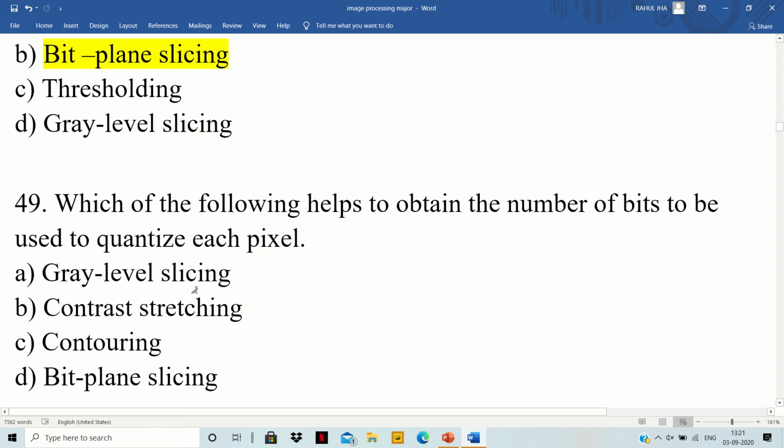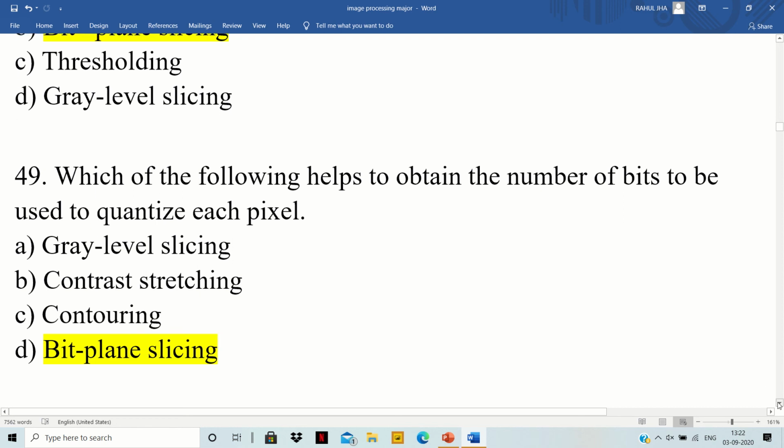In contrast stretching, we are enhancing the contrast values. So the right answer will be bit plane slicing.